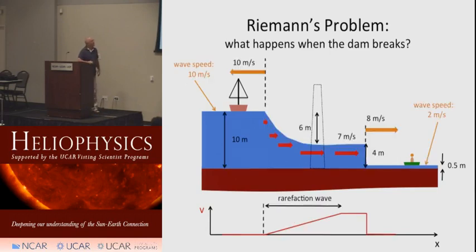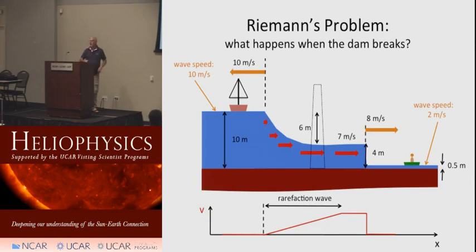It turns out the solution to a Riemann problem, when you have this initial condition that is discontinuous, is that the discontinuity decomposes itself into a number of things. When we were talking about co-rotating interaction regions, we had a discontinuity in velocity. It decomposed itself into two shocks, one going each way. In this Riemann problem, the wall of water decomposes itself into two waves. One is a shock.